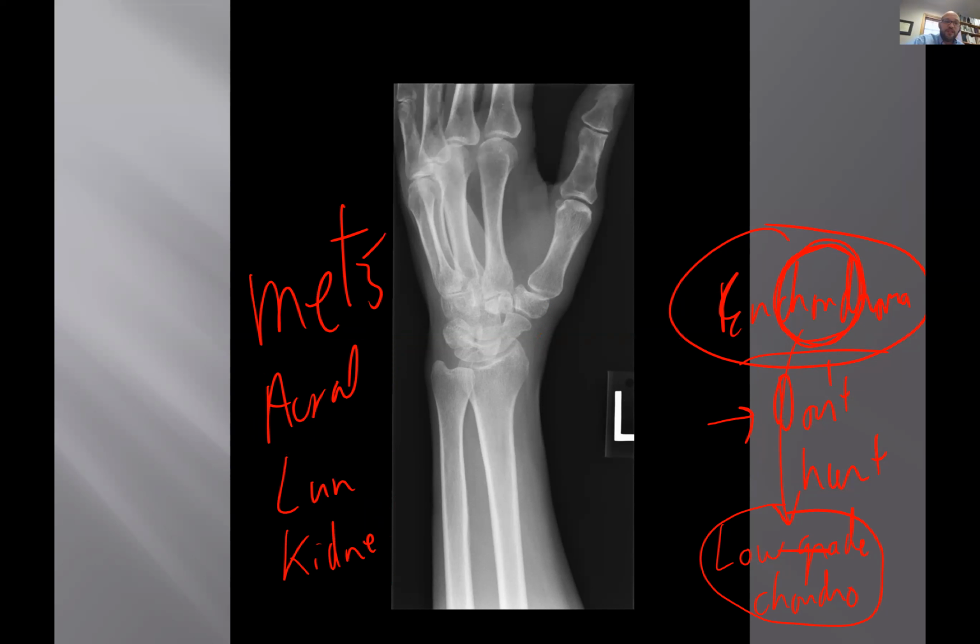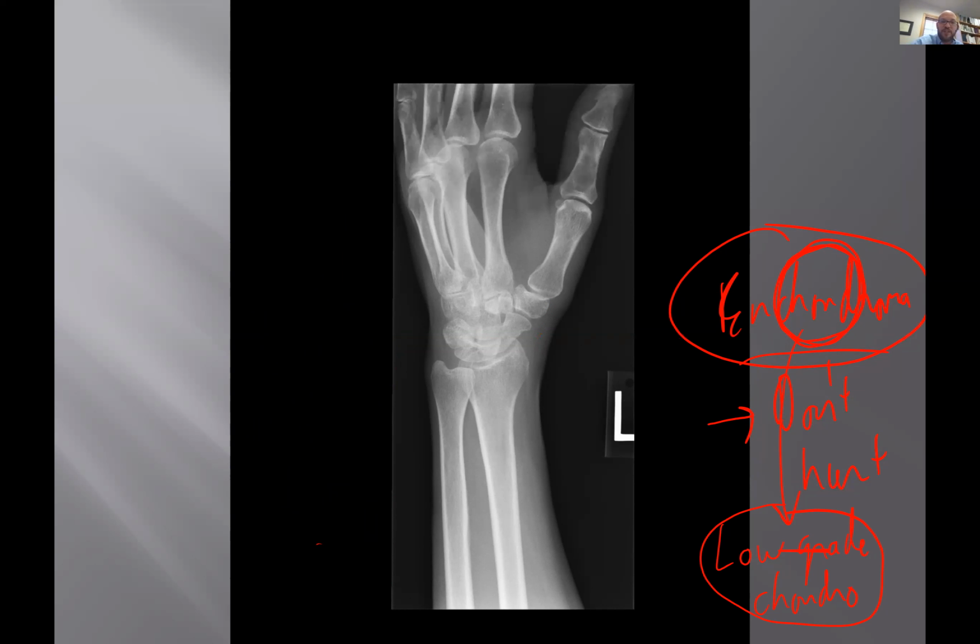But in this case, if you think it's an enchondroma and it hurts, you've got to go ahead and get the MR. You've got to see, this could be a low-grade chondrosarcoma. Okay? So the most common non-aggressive tumor in the hands and feet is an enchondroma, but if an enchondroma hurts, you've got to think of a low-grade chondrosarcoma.